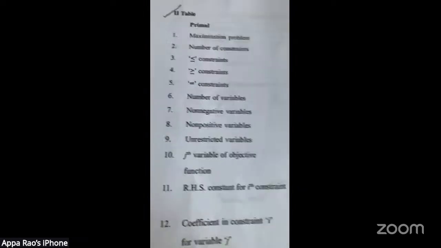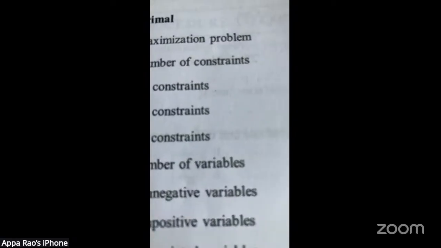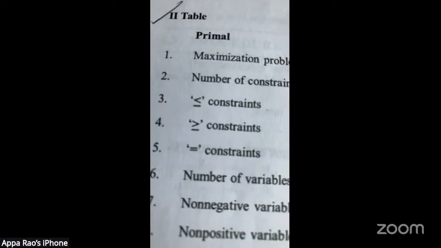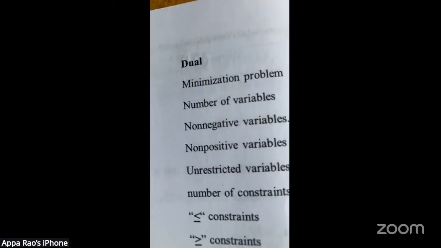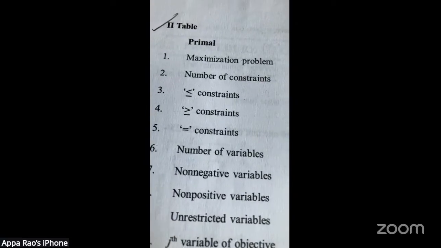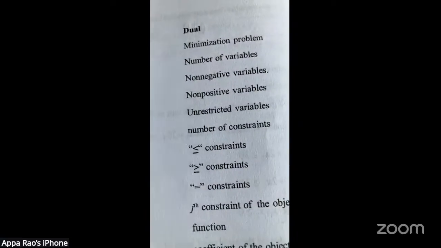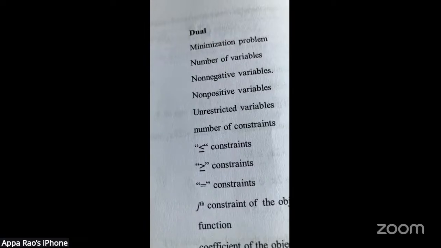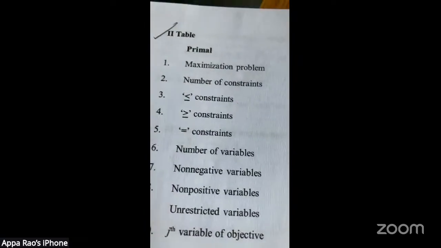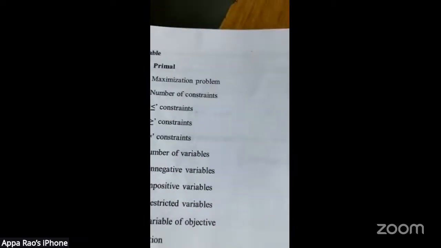Suppose in number of constraints. The number of constraints in primal becomes the number of variables in dual. Less than or equal to constraints corresponds to non-negative variables.